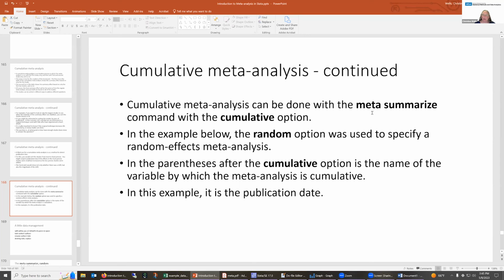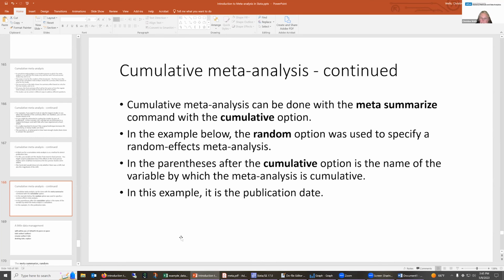So we can use meta summarize, cumulative for this. I'm still going to use my random option. If you want to sort by something here, you can put that in parentheses here. In my example, I used publication date.